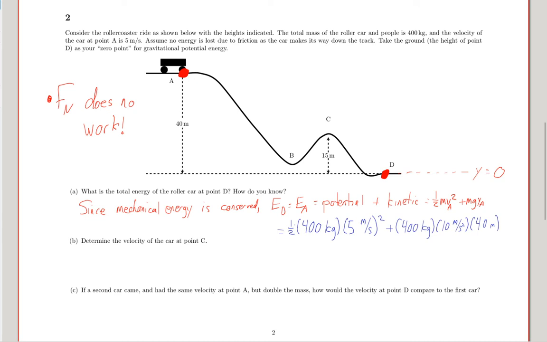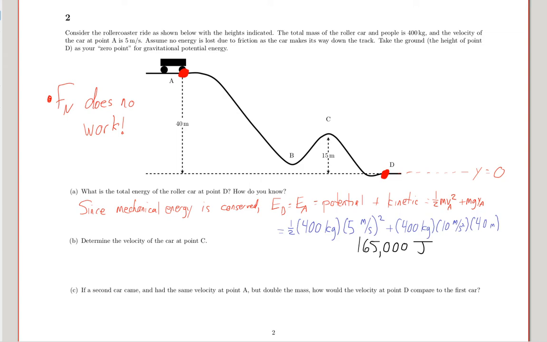I have 400 times 10 is 4,000 times 40 more is 160,000. So the total energy here is 165,000 joules. That seems like an enormous amount of energy, and it is, but remember, this is a roller coaster with a mass of 400 kilograms, 880 pounds for the Americans, that's moving down 40 meters. So this is indeed a giant pile of energy.